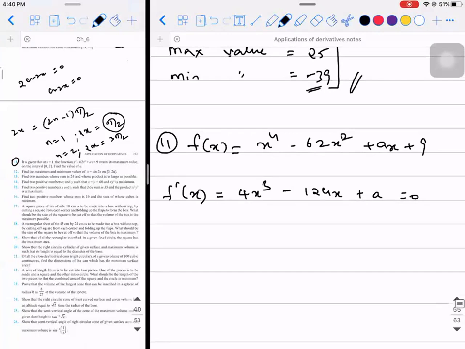Since it is attaining a maximum at x equal to 1, f double dash of 1 should be less than 0. Okay, there's one way.